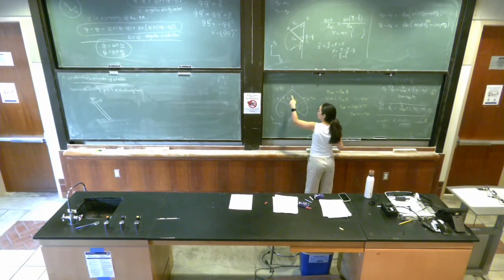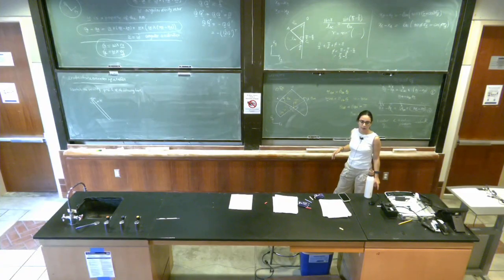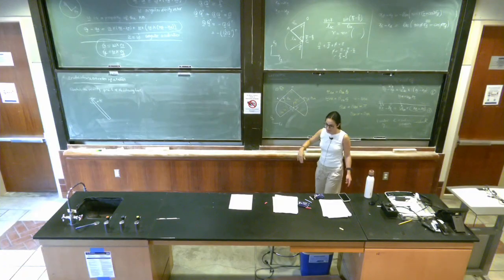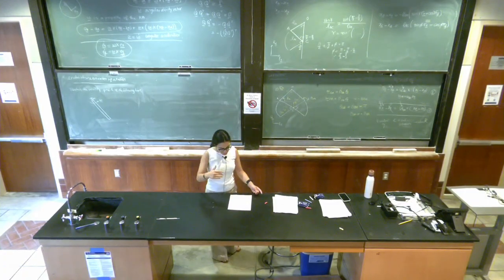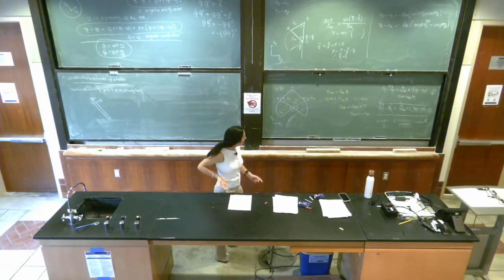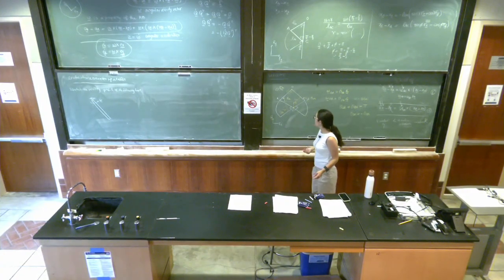What about omega OB? I think omega OB, if omega AC is like this, let's look at the figure again. If omega AC is like this, it's closing. Then omega OA might be this way.